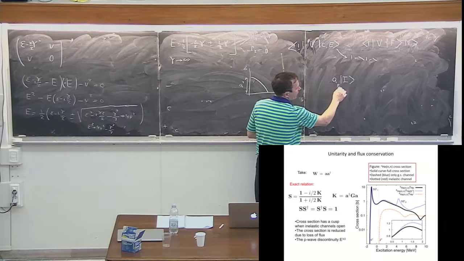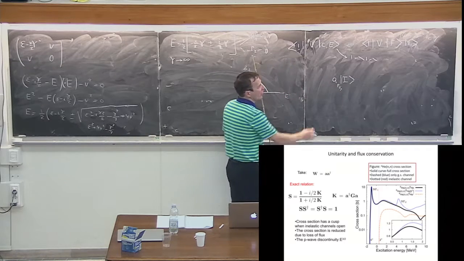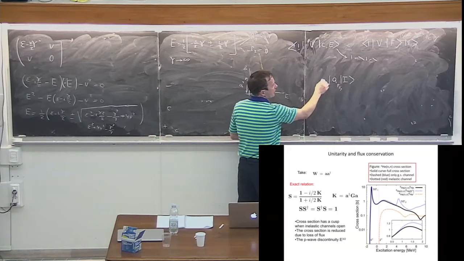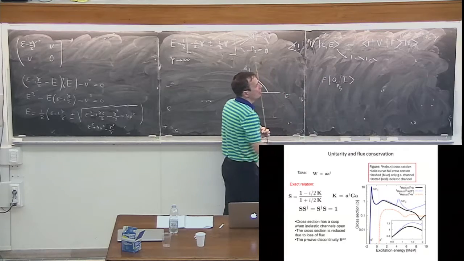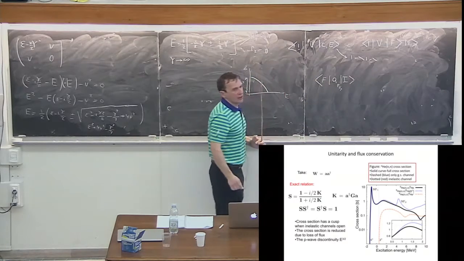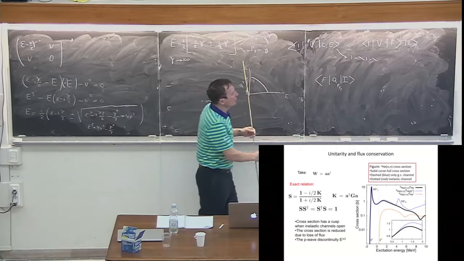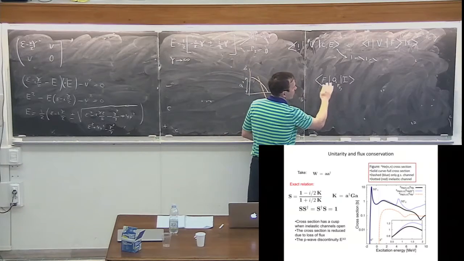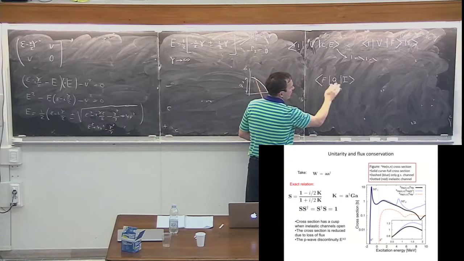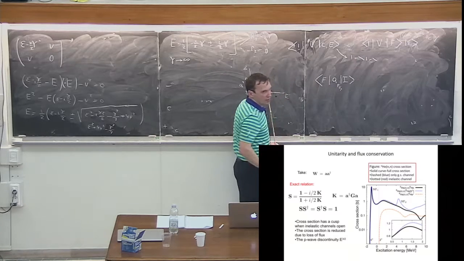So let's say the p1/2 annihilation operator. And then I have a final state F. So this is my amplitude A, between my initial state I and final state F.